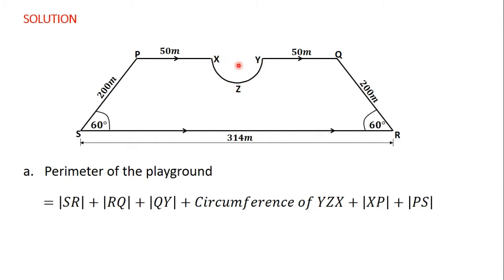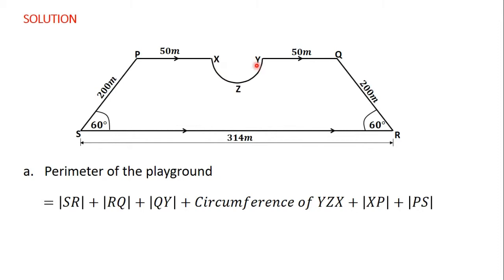YZS is a semicircle. We have learned that the circumference of a circle is 2 pi r. So the circumference of a semicircle is half times 2 pi r. That means that to find the circumference of a semicircle, we need to know the diameter so that we can use it to find the radius.